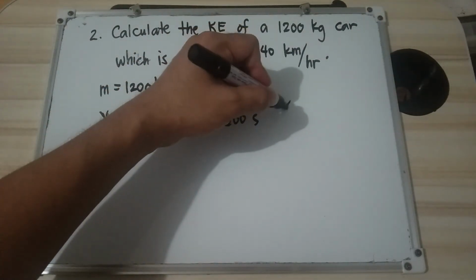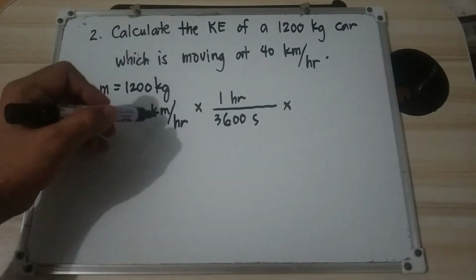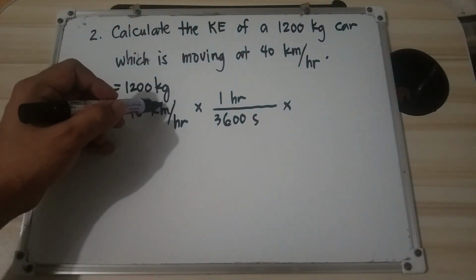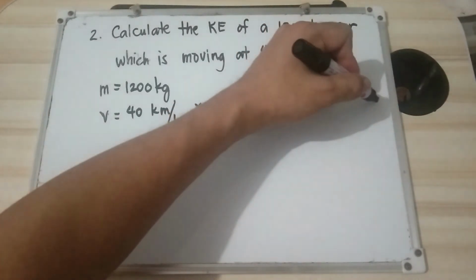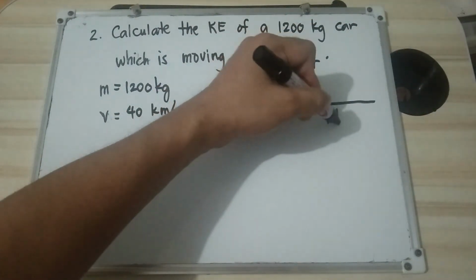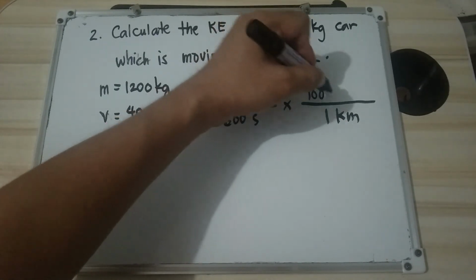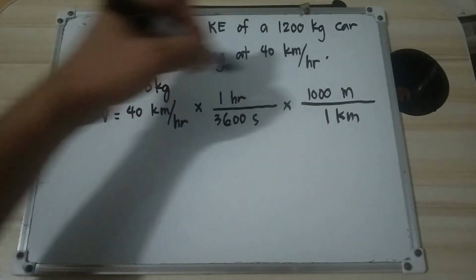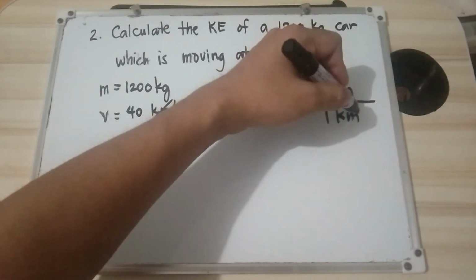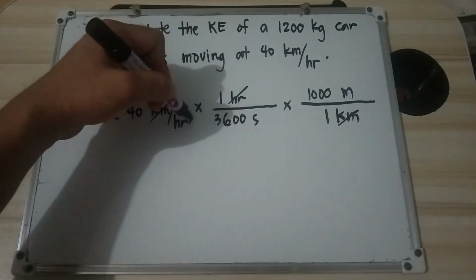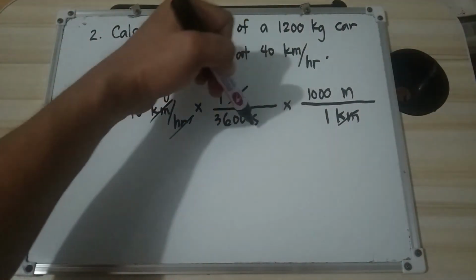Times, ang goal naman natin is ma-convert natin yung kilometer sa meter. So dito ko ilalagay yung kilometer para makancel yan mamaya. 1 kilometer is equal to 1,000 meters. Okay? So cancel na itong unit ng kilometers, then cancel na itong hour. So we have matitira, meters per second matitira.